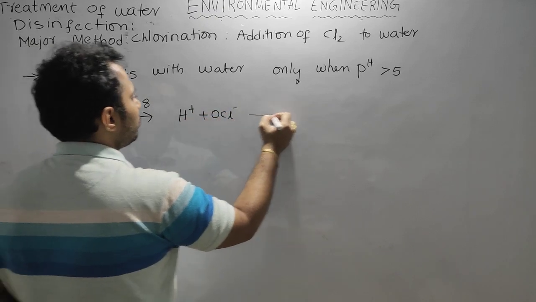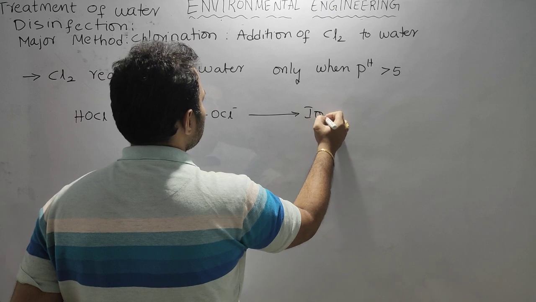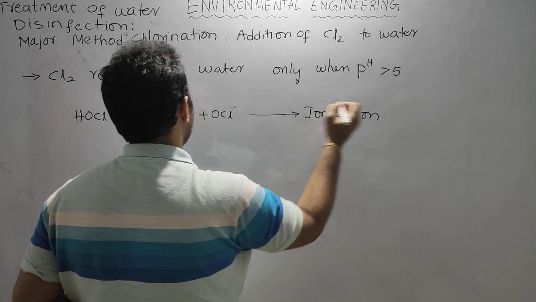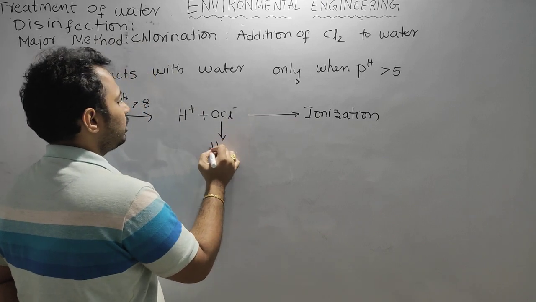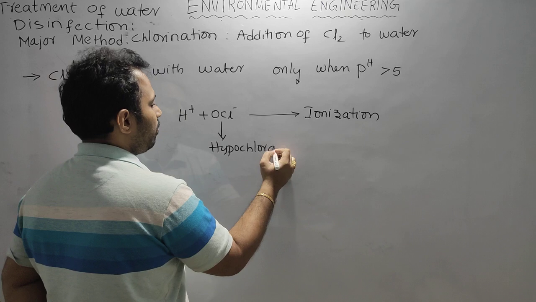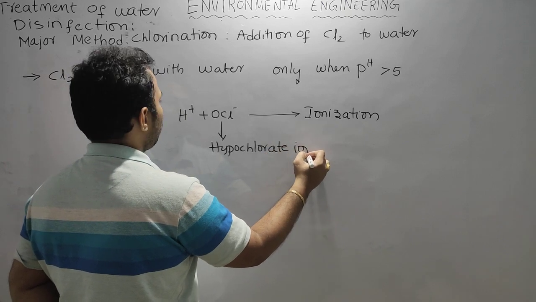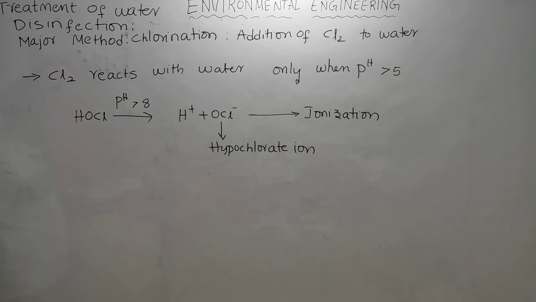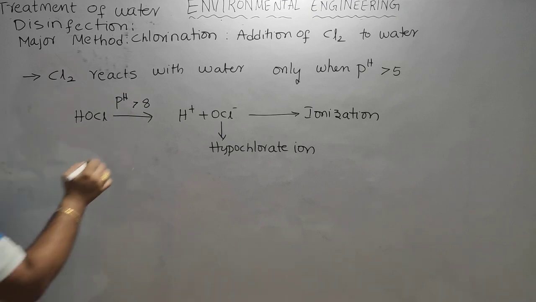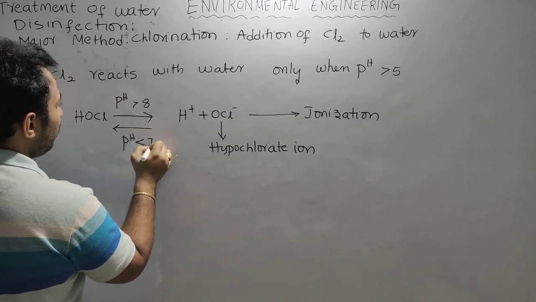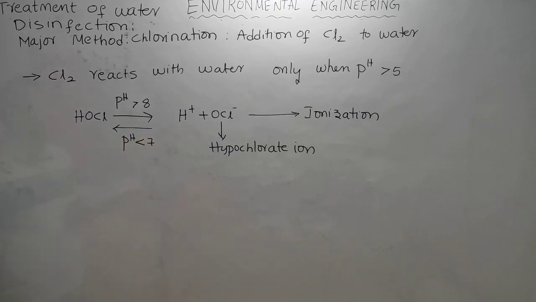This equation is called ionization, and this is the hypochlorite ion. Again, it is also a reversible reaction. It will go back when pH is less than 7, so HOCl will form again and OCl minus will not exist.